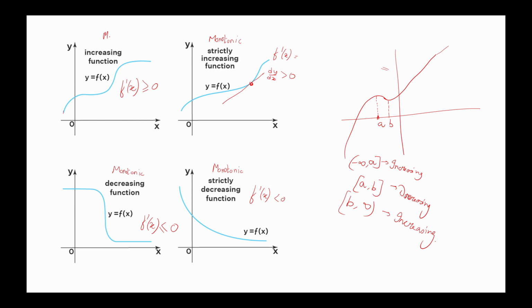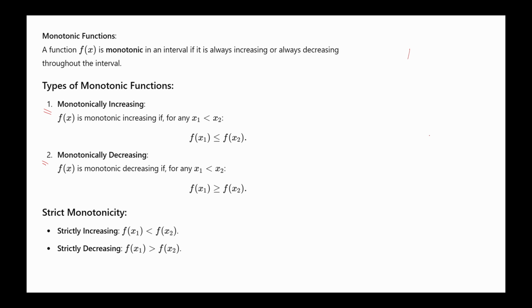This as well is my monotonic function. Now let's say I have a function in this format. Let's say this is my curve. This point here is my C point, this is my B point, and this point here is my A point. Now let's say this is a curve that I'm dealing with.